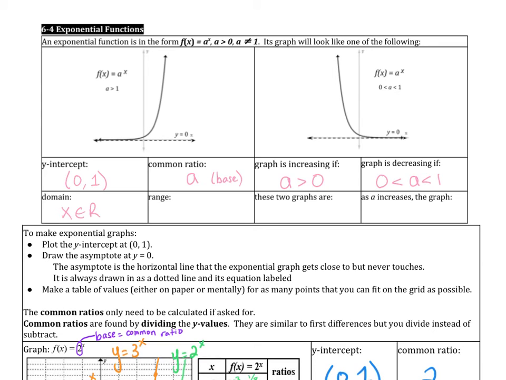The range, as long as your equation is in this form, and we don't have anything in the exponent with the x, like a to the x plus 1 or anything like that, then the range is y is greater than 0, y ∈ R. The two graphs are reflections over the y-axis.